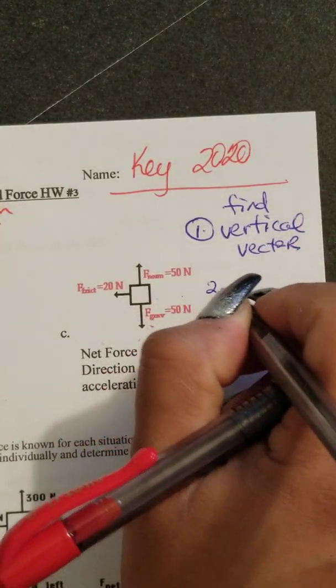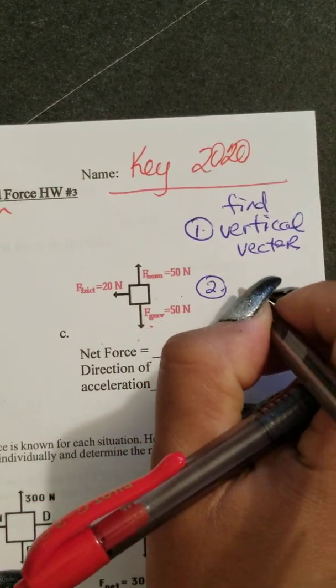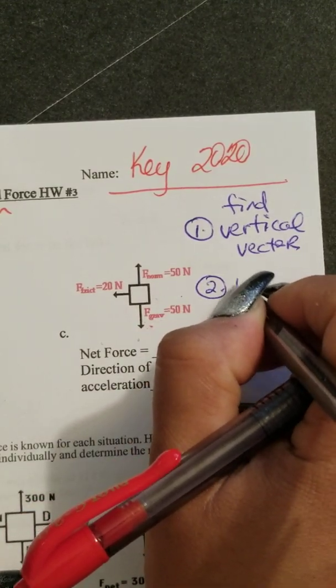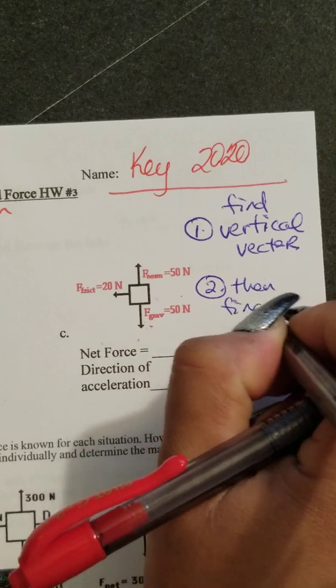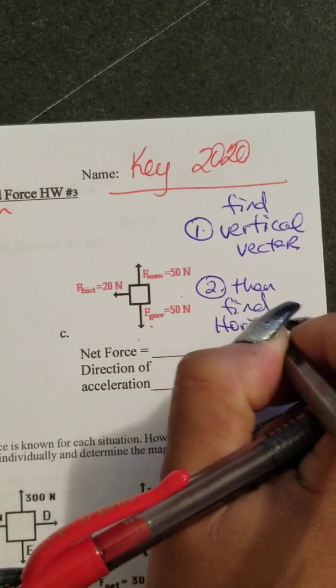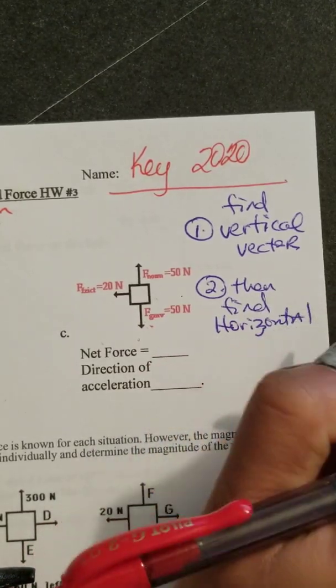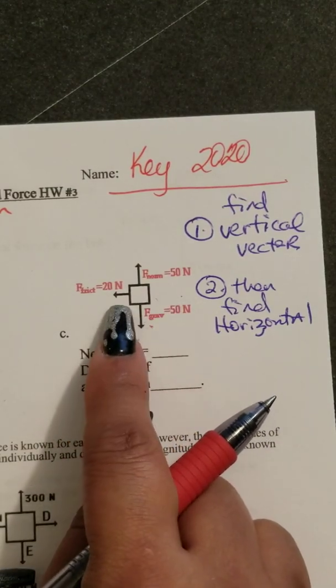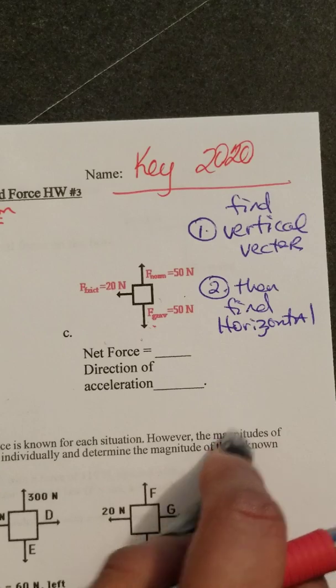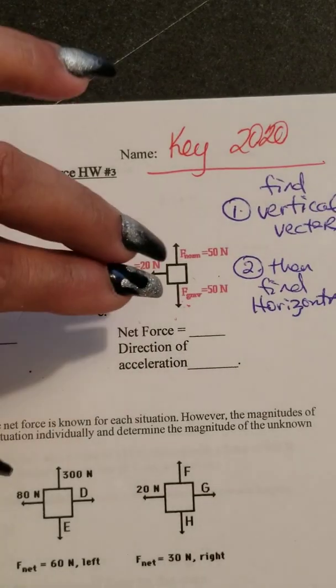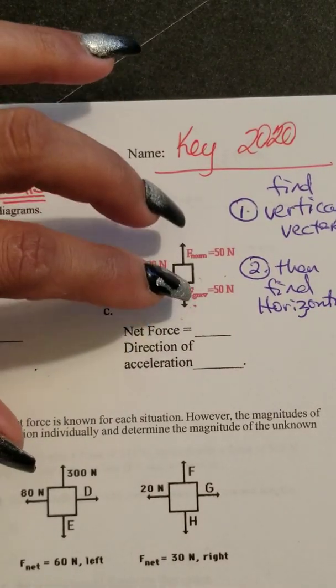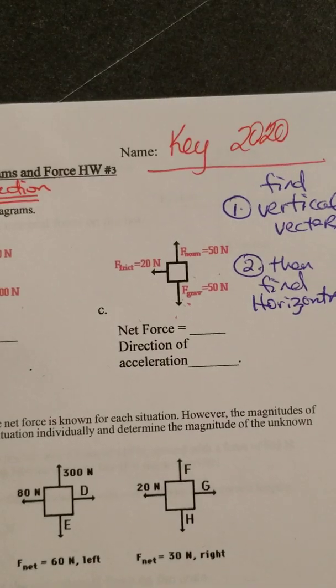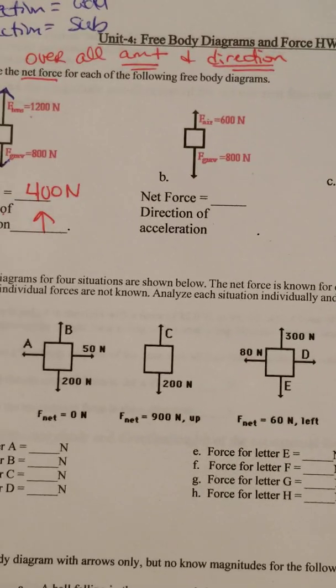And then second, we're going to find the horizontal, because there's only one, and we don't need to add it or subtract it or anything. So you'll get an answer over here, but that's how you're going to do vector arrows that have X and Y components. Okay, let's go to the next one, number 2.